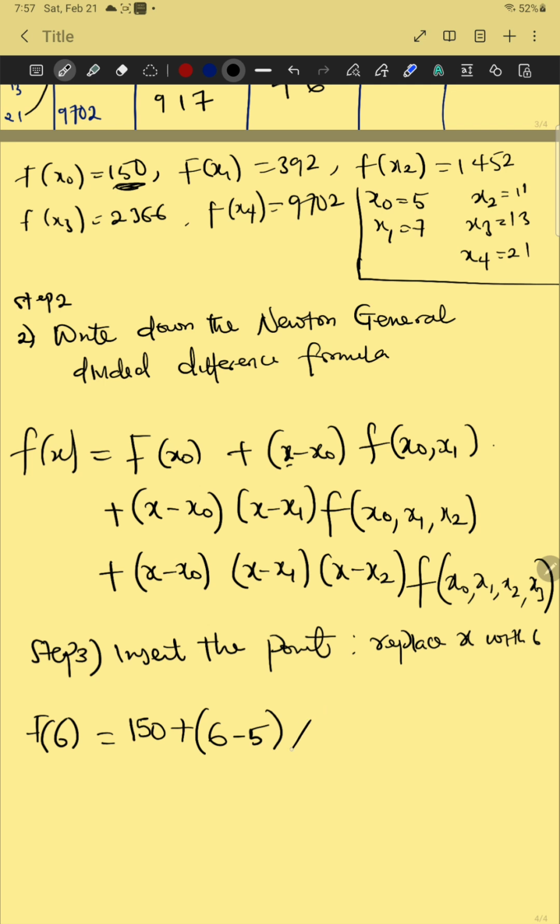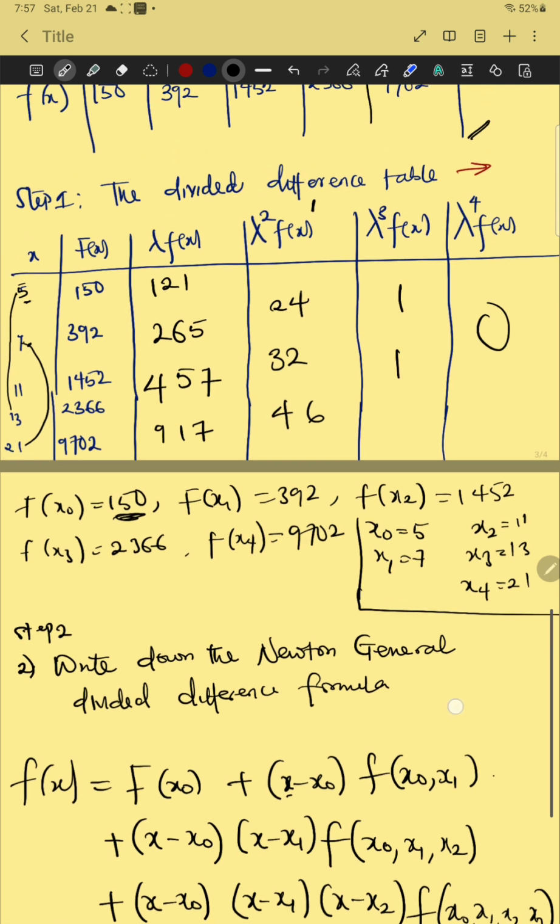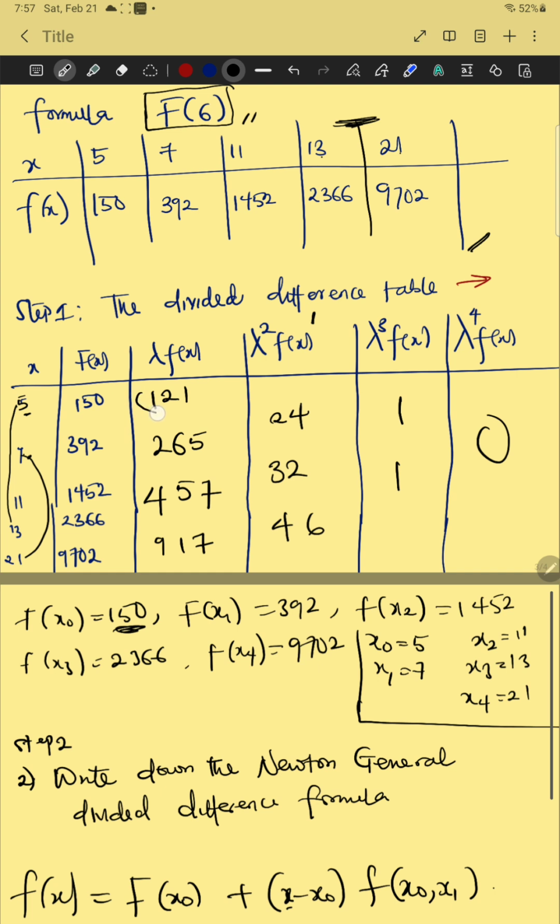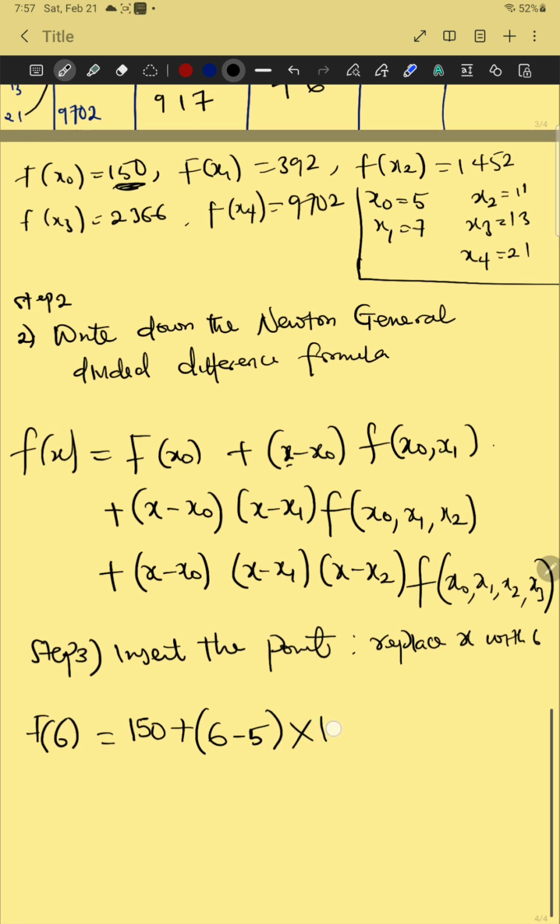Now multiplied by, what is f of x naught comma x1? F of x naught comma x1 is this person here. That was what you did to get 121, right? So multiplied by 121. Now plus, again we are at this stage now. 6 minus 5, 6 minus, what is x1? 7.